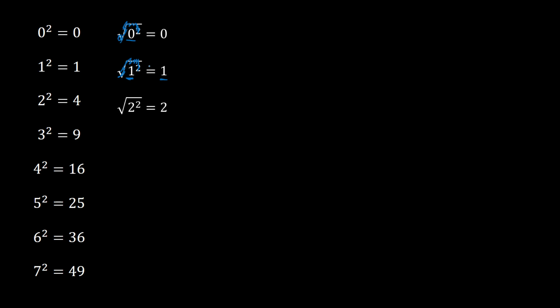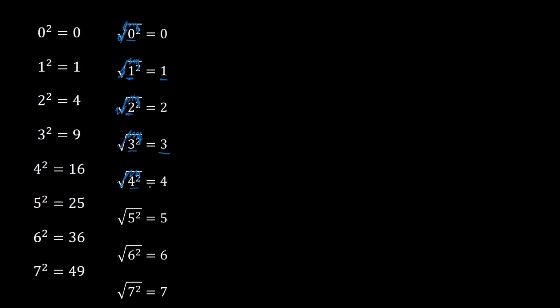And we keep going for each of these. Square root of 2 squared. So instead of writing a 4 here, we write 2 squared. It's the same thing. And I can cancel the square and the square root. They will undo each other, and my solution is going to be 2. For each of these, if you notice, you can cancel the square and the square root, and you're left with your number, your solution. Cancel this, you're left with a 4. Cancel right here, you're left with a 5, and etc.